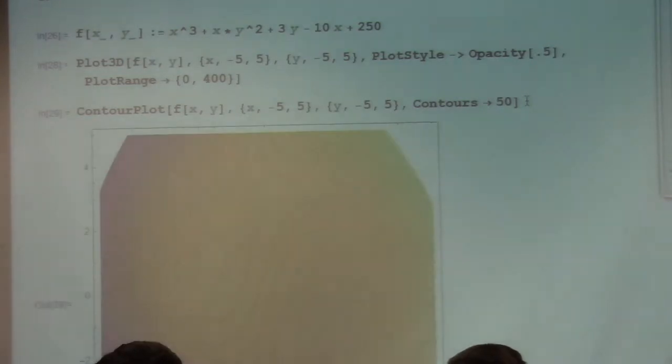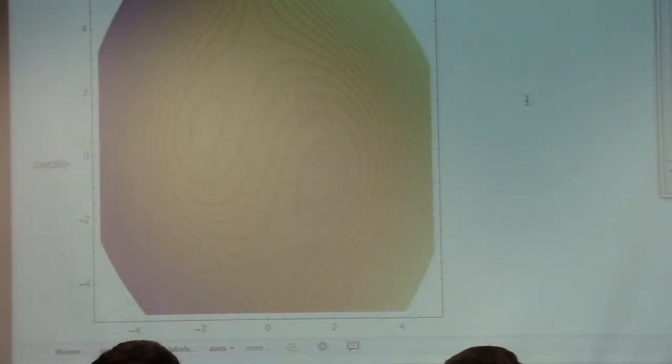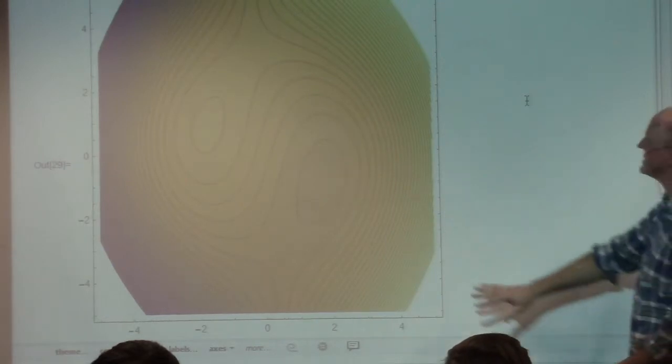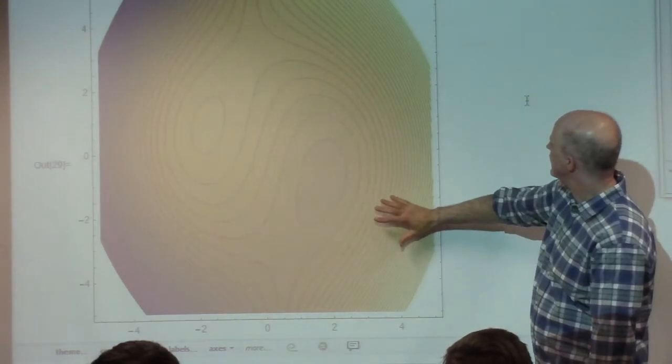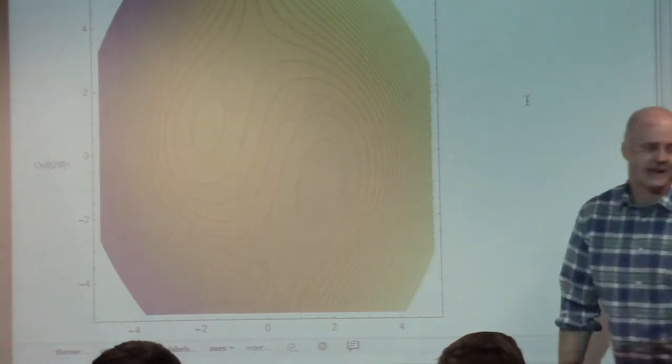Contour plot can do this as well. It is perhaps more permissible to imagine that this square is the actual sheet of metal, and that these contours are telling you the density at various points.